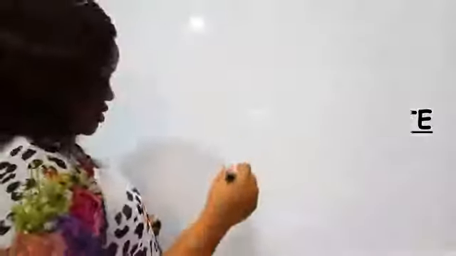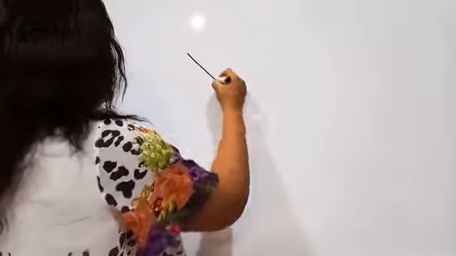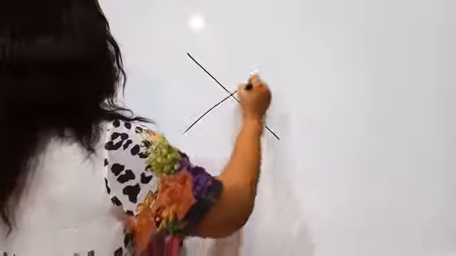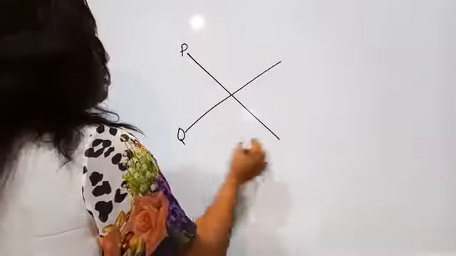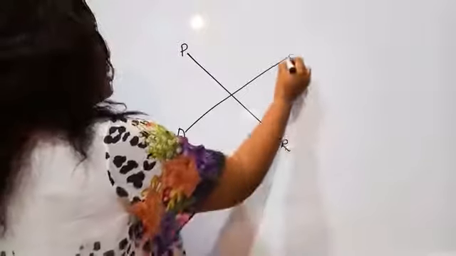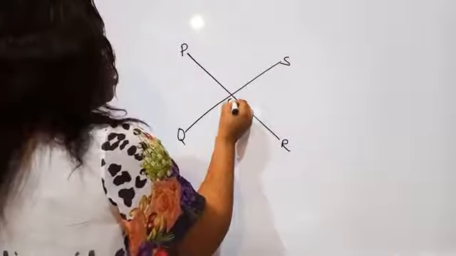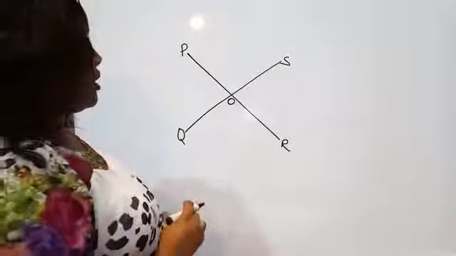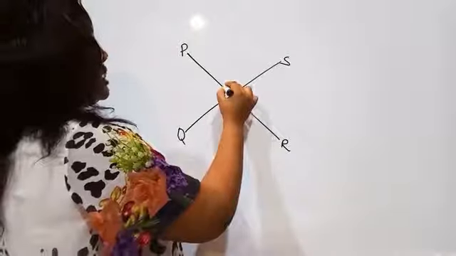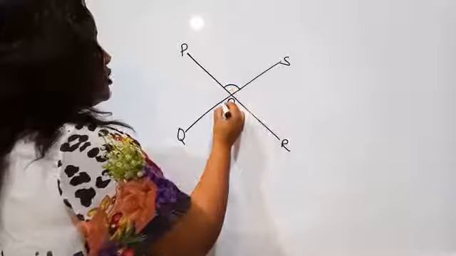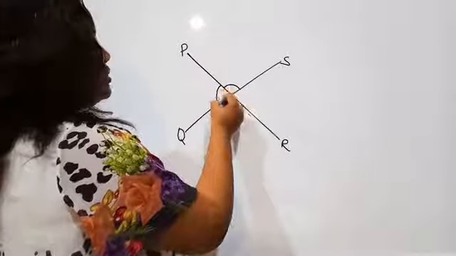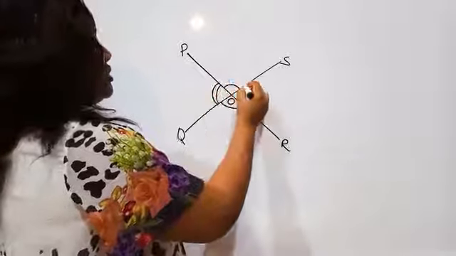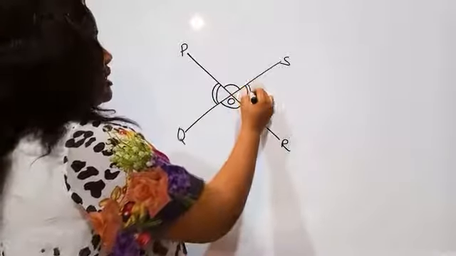Let's look at vertically opposite angles. You have, let's say P, Q, R, S, then O. Now this angle is vertically opposite to this angle, and this angle is vertically opposite to this angle.